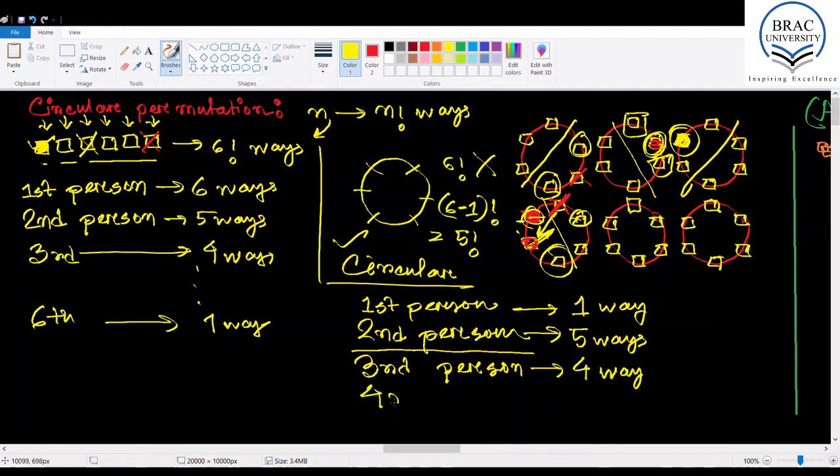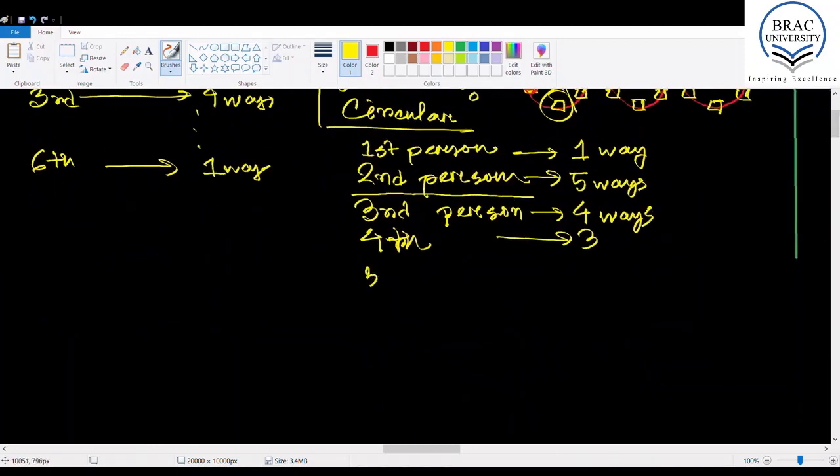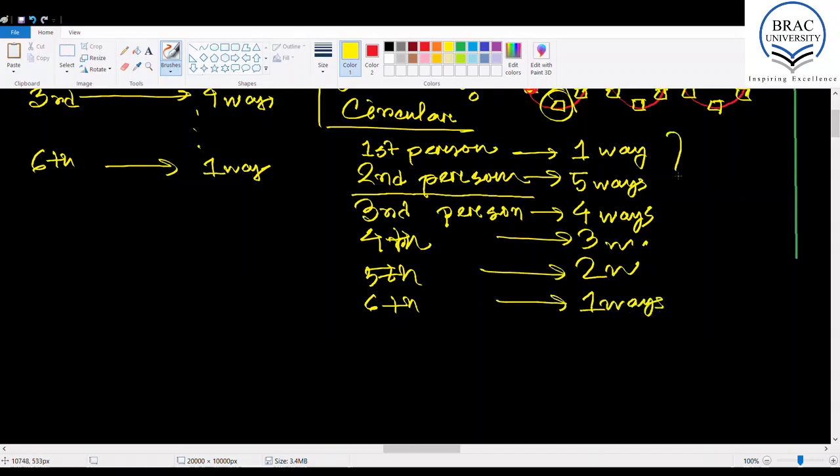And similarly for the fourth person, there will be 3 ways, for the fifth person there will be a total of 2 ways, and at last for the sixth person there will be a total of 1 way. So if we want to count in how many ways these 6 persons can sit around a table, it will be 1 into 5 into 4 into 3 into 2 into 1, according to the multiplication rule of counting.